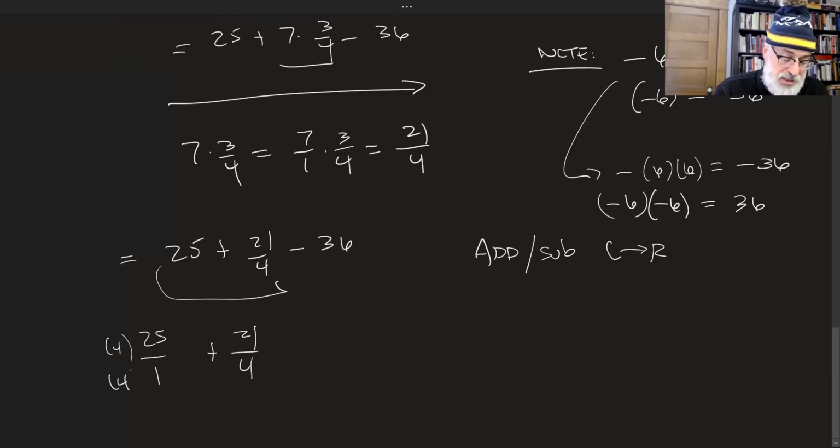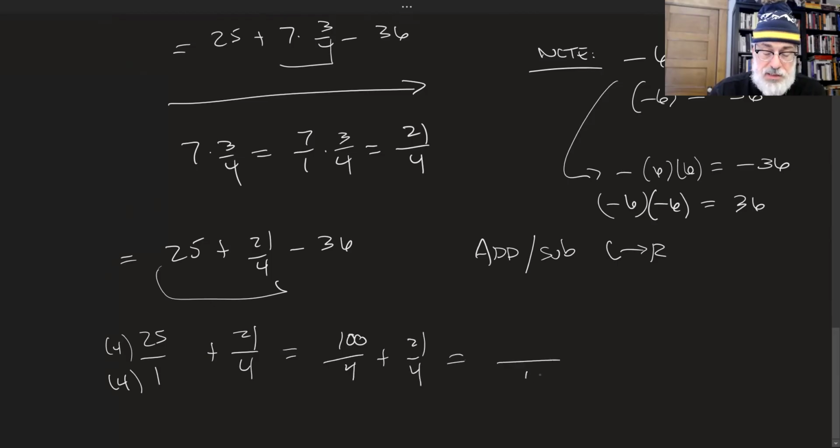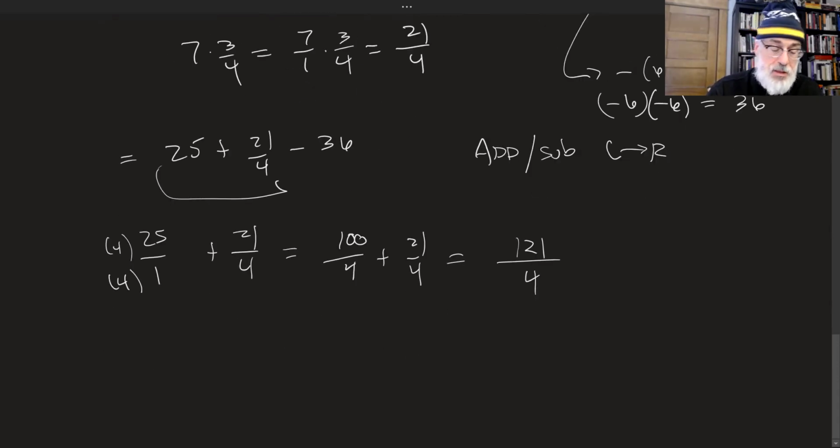So if I multiply the top and the bottom by 4, I'm going to get 100 over 4 plus 21/4. This again allows us to have a common denominator of 4, and then all we need to do is add the top of the fraction. So 100 plus 21 is 121. So 25 plus 21/4 is 121/4.